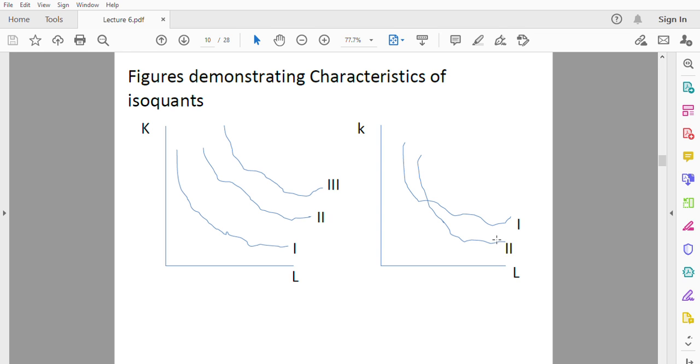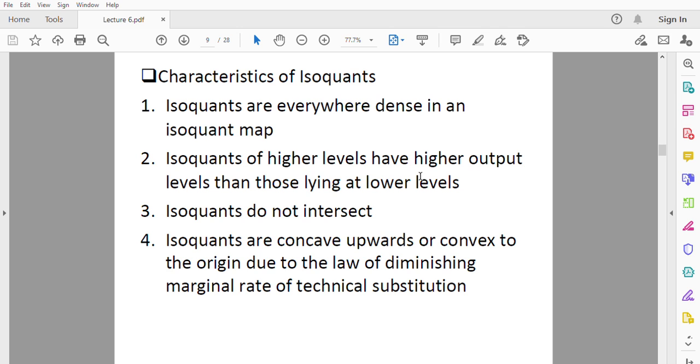So at this point, we should consider this lower than this. But an isoquant is a curve representing the same level of output. So if this is 7 output, at this point it should be 7 output. And if this is 10 output, at this point it should be 10 output. But you see that at this point it is lower than this, which cannot be. So isoquants do not intersect.